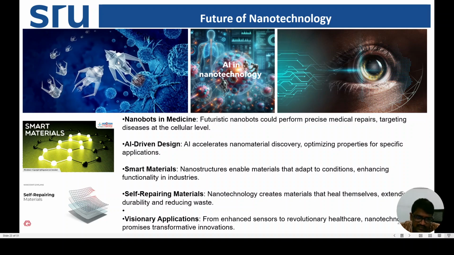So these nanobots, and also AI in nanotechnology. AI accelerates nanomaterial discovery, optimizing properties for specific applications. See this picture. Does it remind you of anything that happened in previous days?